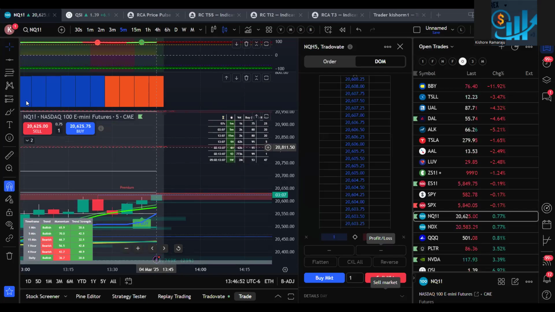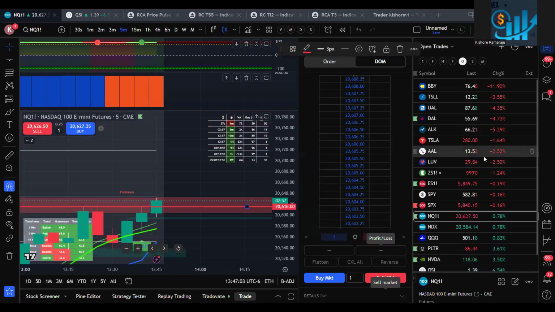Okay, there is a high possibility for 20,800. I'm still holding my ES SP.